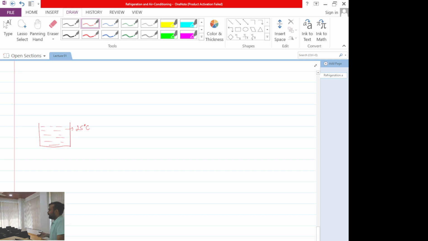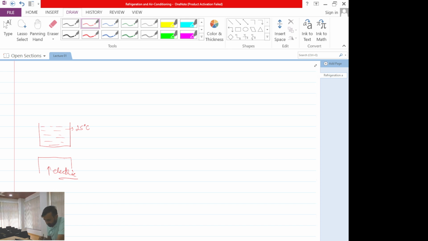You have placed this on an electric heater. Nowadays we have these electric induction heaters where we can maintain the temperature of the heater at some constant condition, or we even have hot plates.